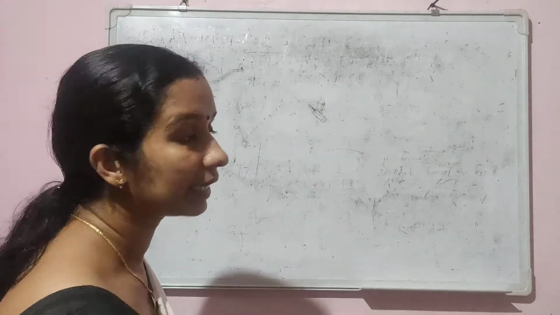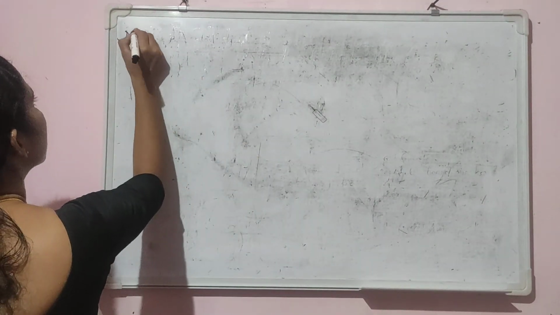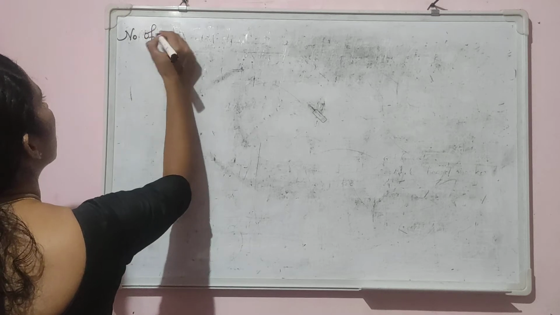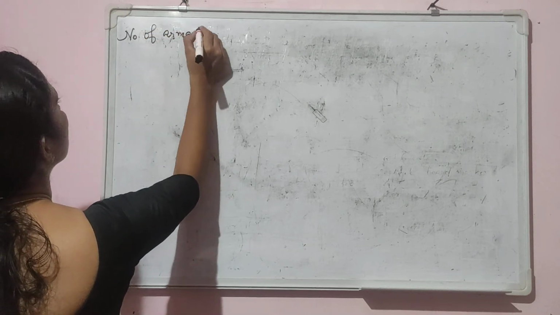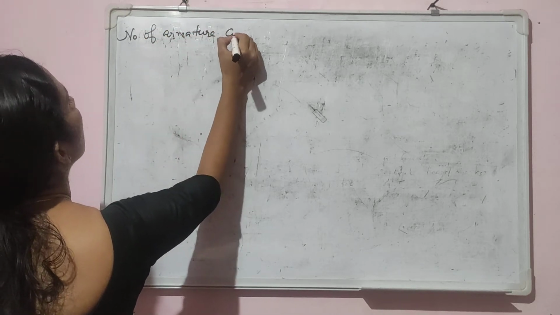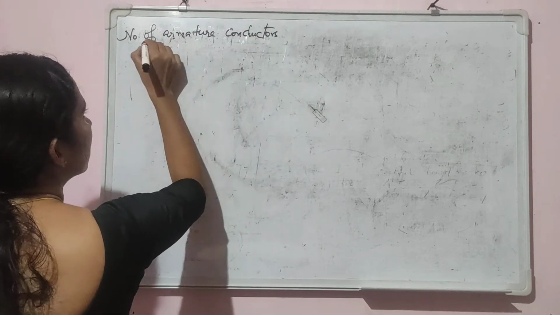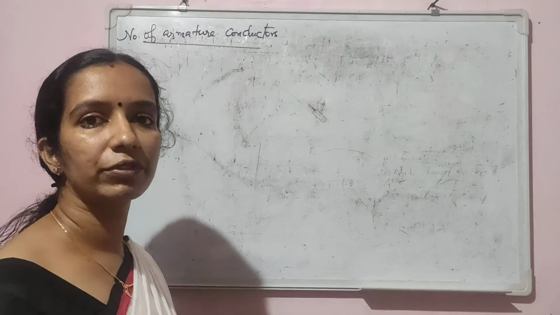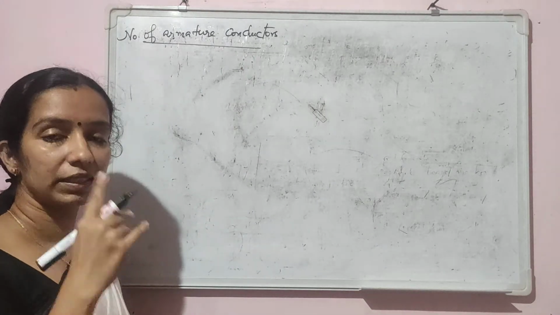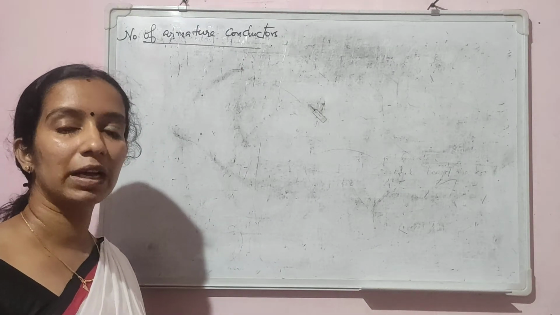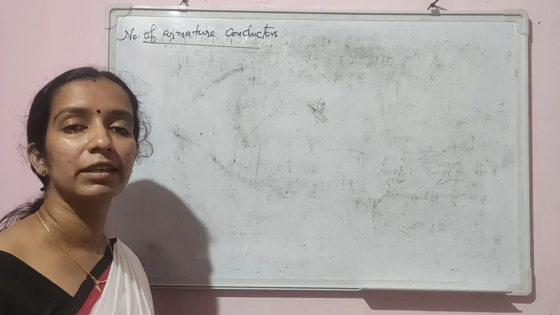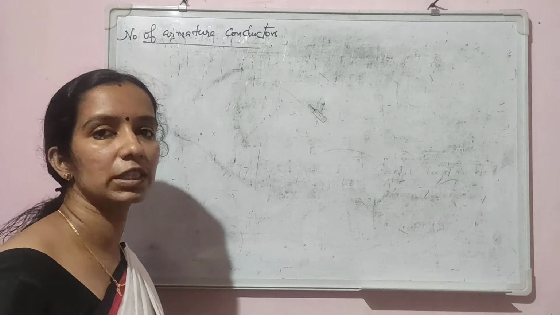Now let us calculate the number of armature conductors required. We have already discussed the theoretical portion of these steps. We have to calculate the number of armature conductors required, Z, from the equation for induced EMF.